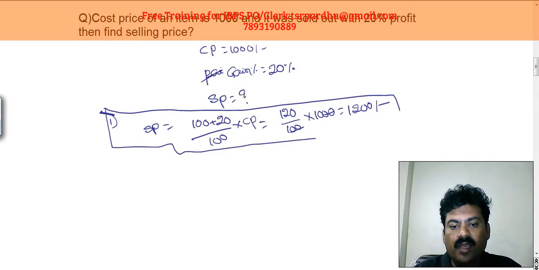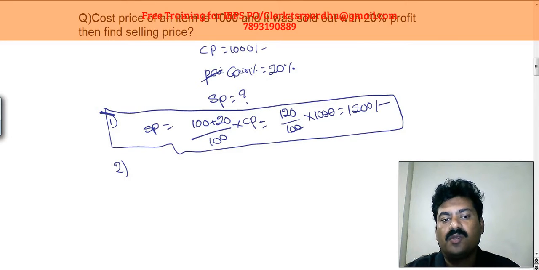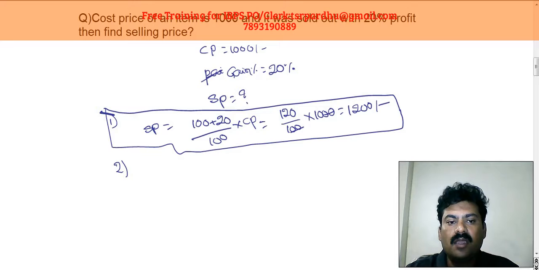If this is by using the formula, we can compute the selling price easily, and at the same time we can go for another mechanism also, the second technique. Now here we are getting 20% profit. Initially we have invested 100%, that is equivalent to 1000, and on that 100% we got a gain of 20%. That means 100 plus 20, 120. Now the selling price is equivalent to 120% of the cost price.